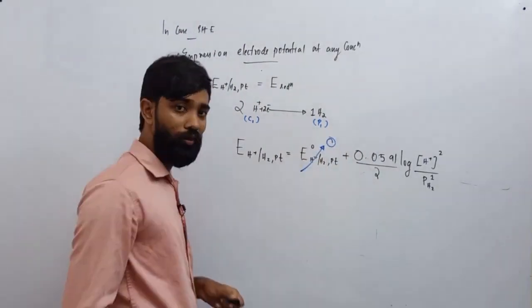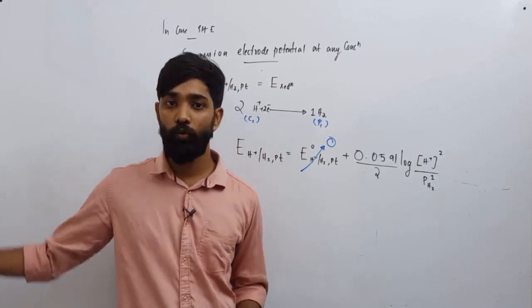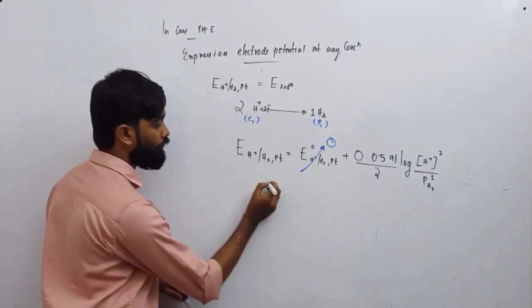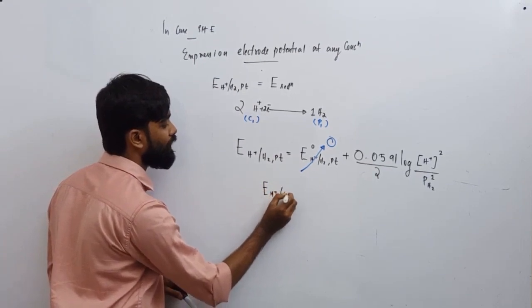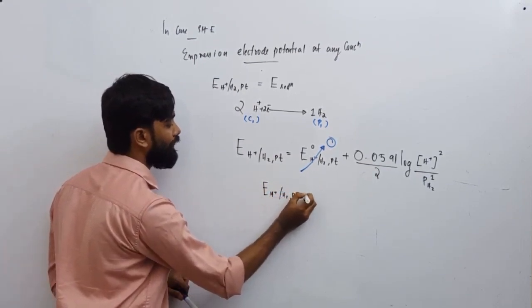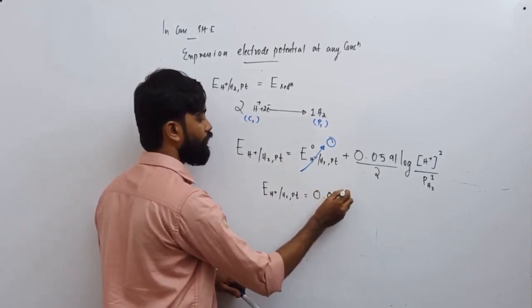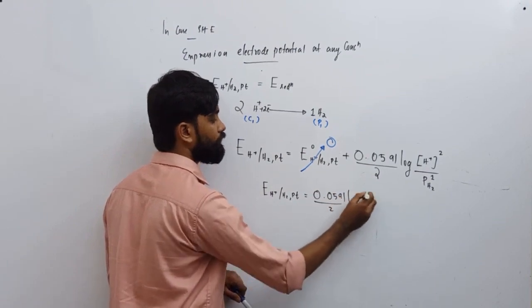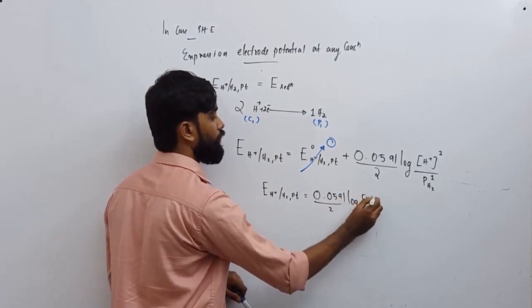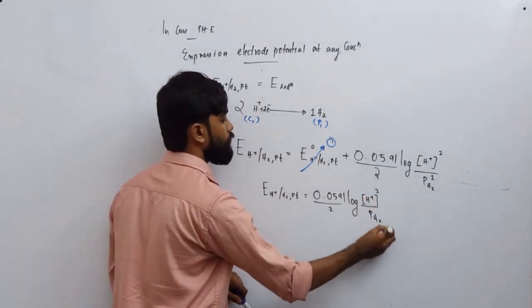And we can say this also: the standard electrode potential of SHE is nothing but 0. So the standard value will be 0. Then what will be the expression? E of H+/H2, Pt equals 0.0591 by 2 log concentration of H plus divided by partial pressure of H2.